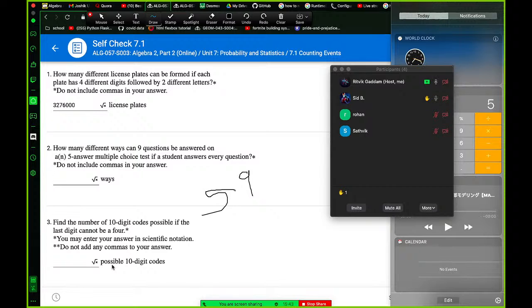So that's 5 times 5 times 5 times 5 times 5 times 5 times 5 times 5 times 5. That's 1, 2, 3, 4, 5, 6, 7, 8, 9 fives.